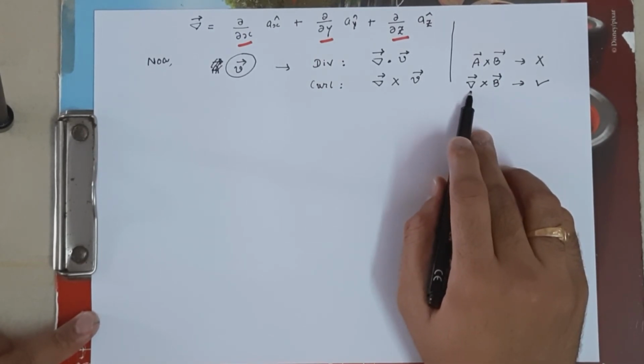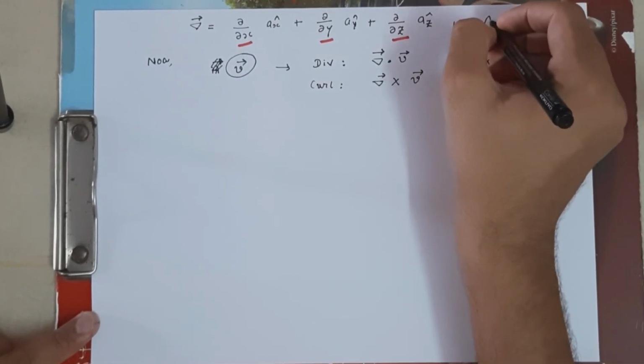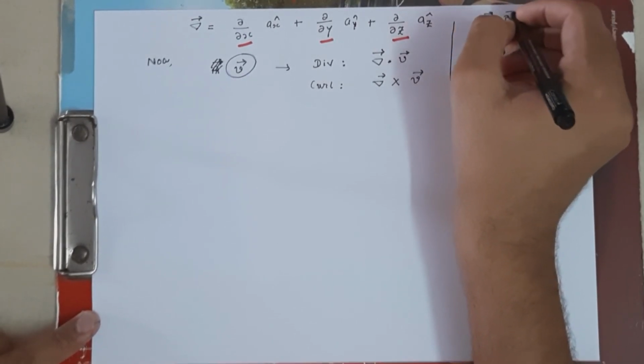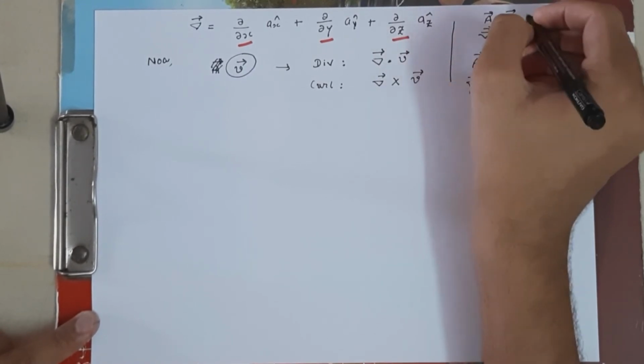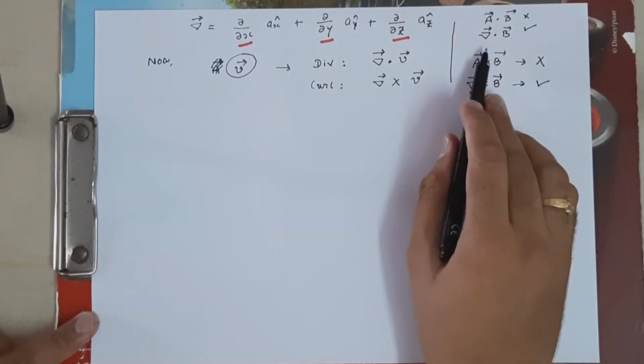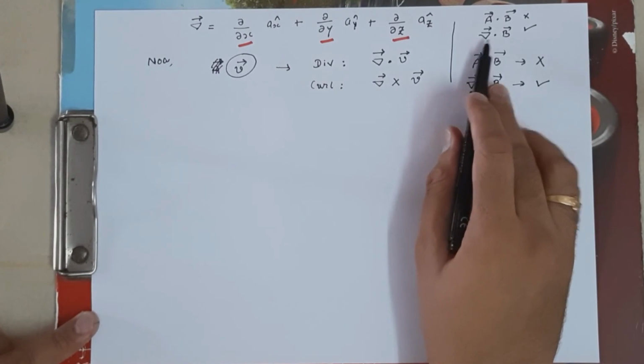Similarly, you cannot say that a dot b is a divergence, but del dot b is a divergence because, by definition, divergence means the dot product of any vector quantity with the del operator.